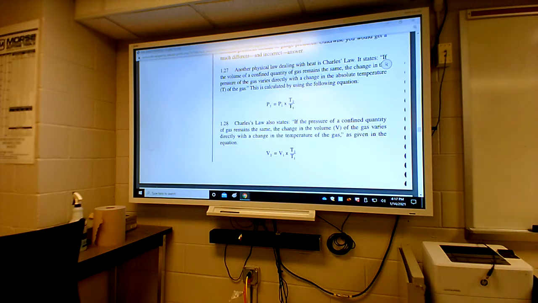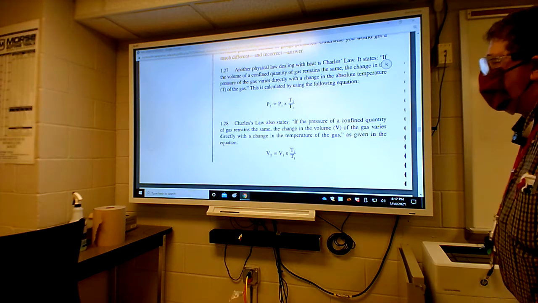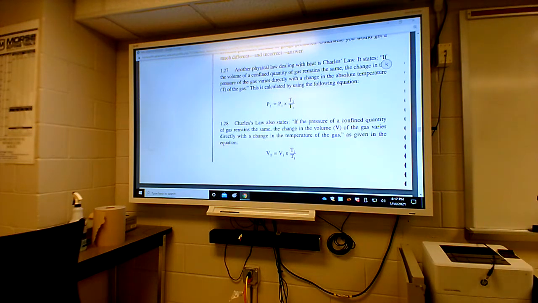Let me back out and read this again. If the pressure stays the same, like 100 PSI, and you change the volume, then the temperature and the volume are directly related. Which means that the final volume, V2, would be equal to the initial volume times the ratio of your second temperature divided by the first temperature.